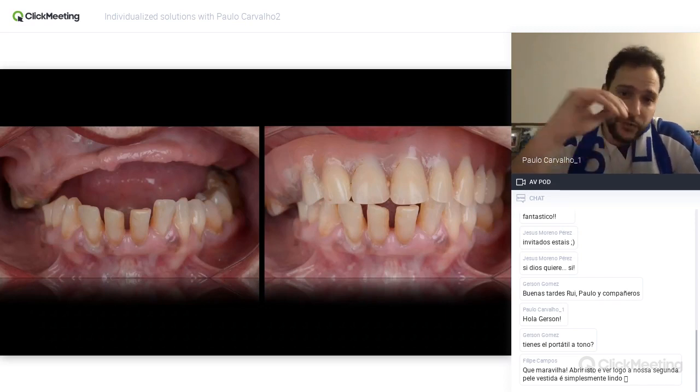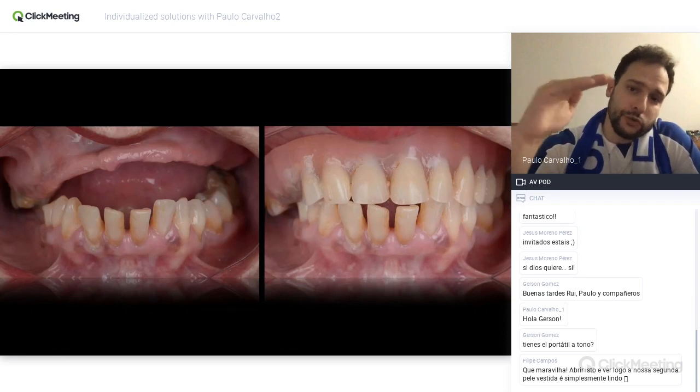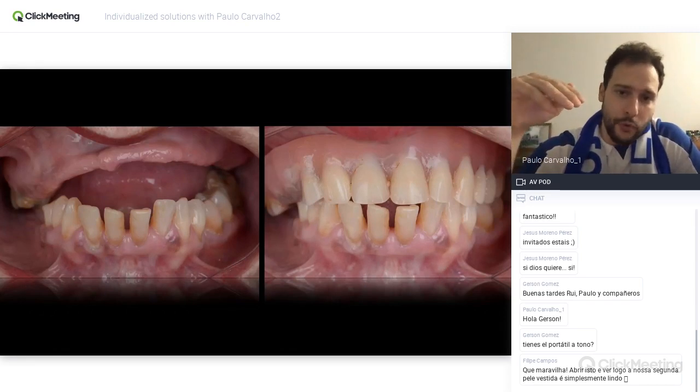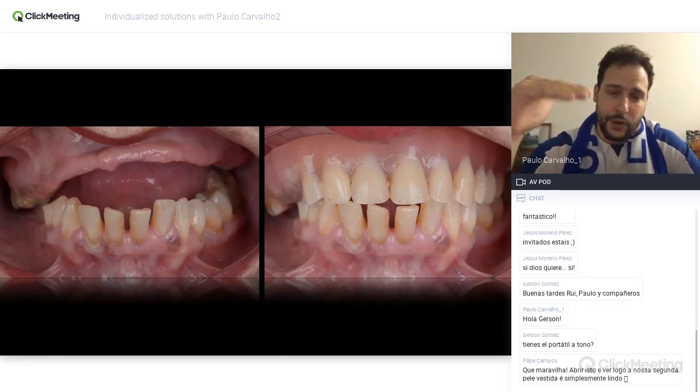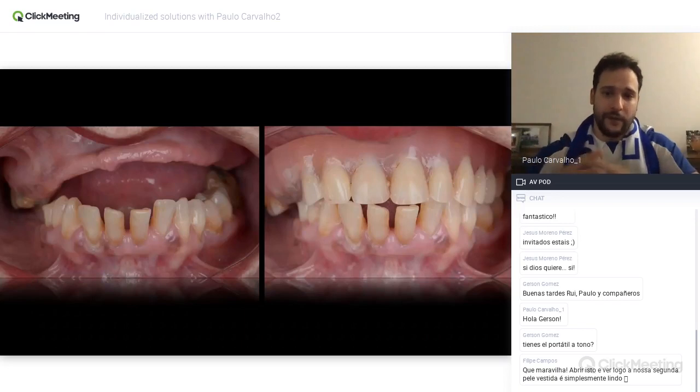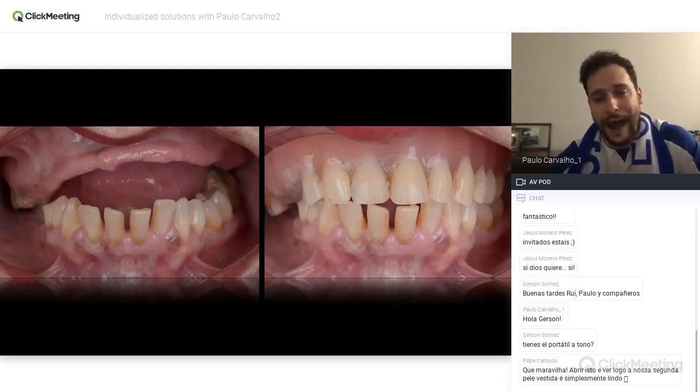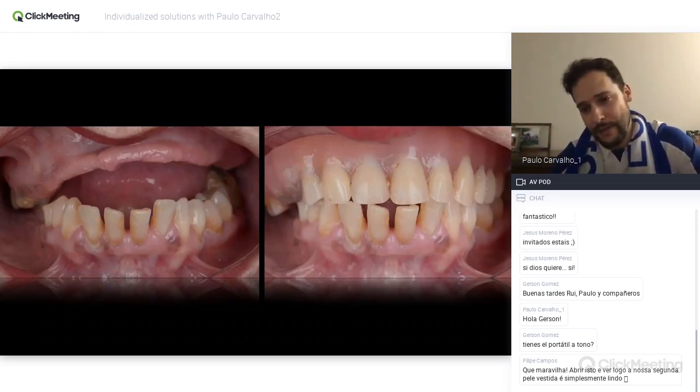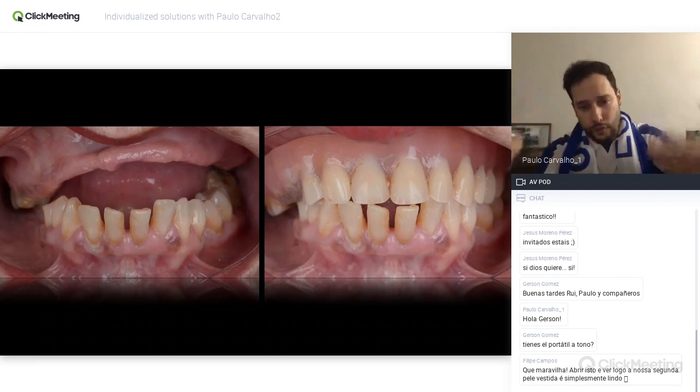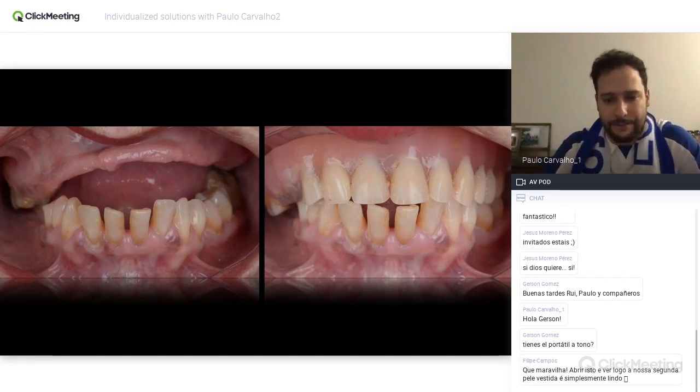So I need first to have a digital tool to plan this vertical bone reduction and to assess what is left of this maxilla, to after that have a patient-specific implant to be screwed and fixed on that maxilla.